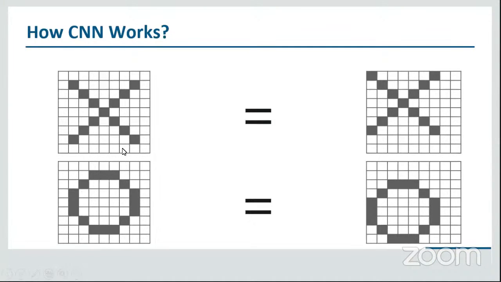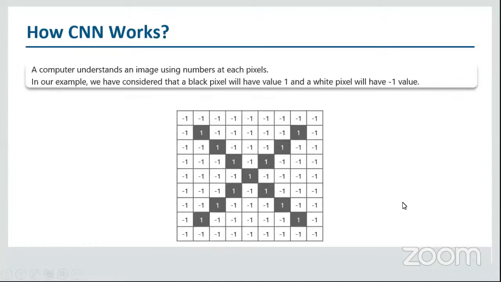So this is the ideal case X, the ideal case O. Now we have an image which we have to say whether this is X or this is O. The computer understands the image using the numbers at each pixel, which means we will put a number to every pixel in that image.